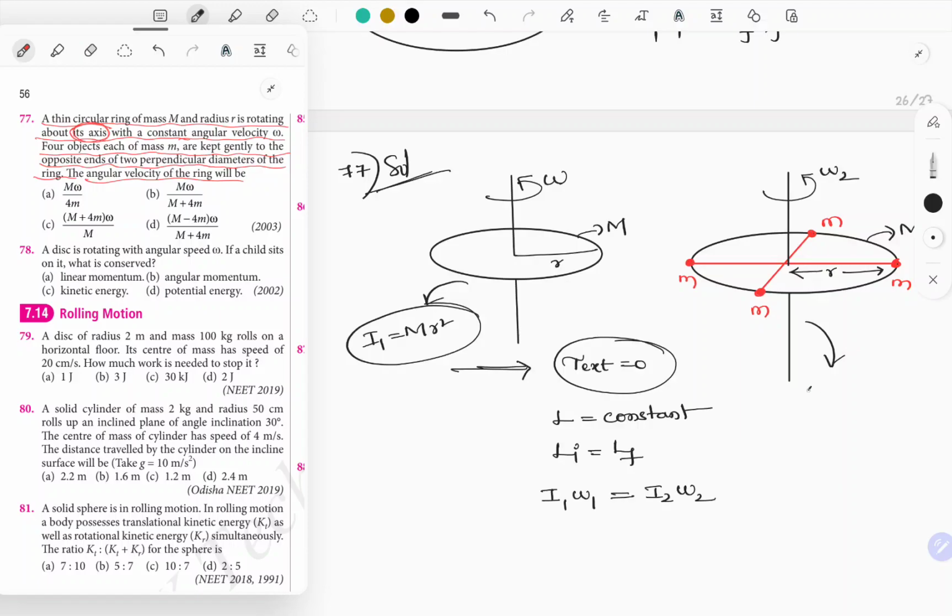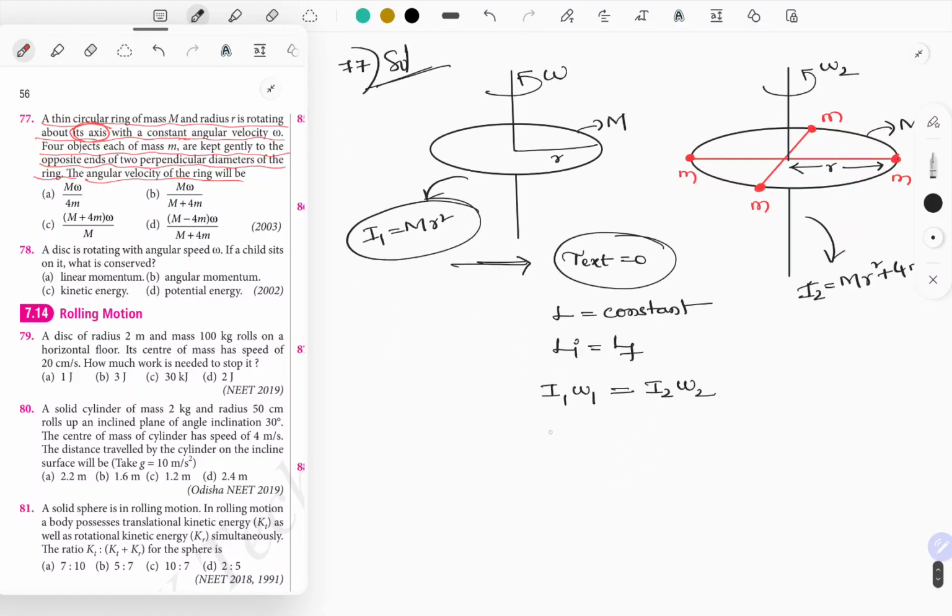What about I2? I2 is not going to be M r square. The moment of inertia of the particles of small m is also added. This is M r square plus 4 m small r square. Let me substitute it here. M r square, omega 1 is omega. I2 is going to be M r square plus 4m r square, into omega 2.